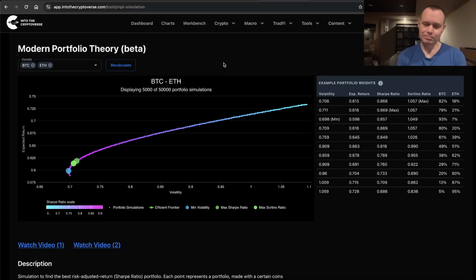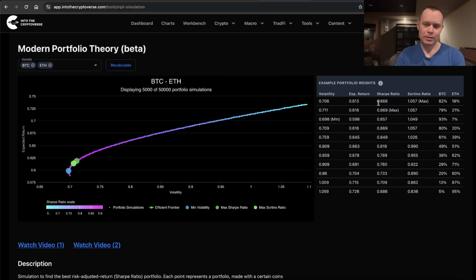So in this case, what we're saying is, if I want to maximize my risk-adjusted returns for a portfolio consisting of only Bitcoin and ETH, what weights should the portfolio be? Right? What weights should it in fact be? Now, you go over here and you find the column that says Sharpe Ratio, and you scroll down until it says max.